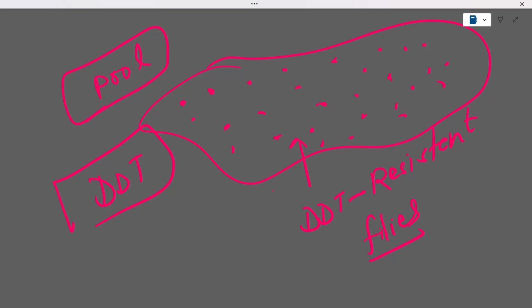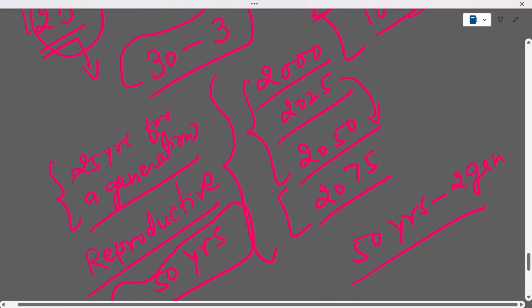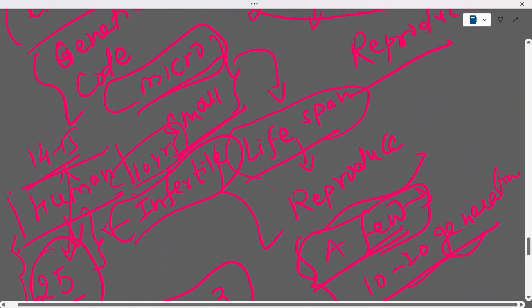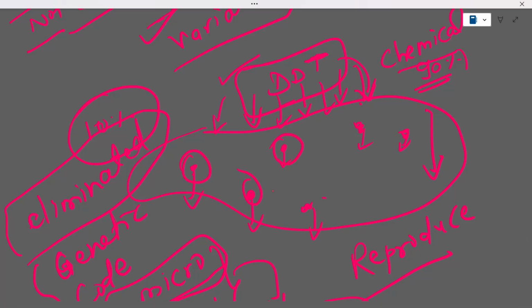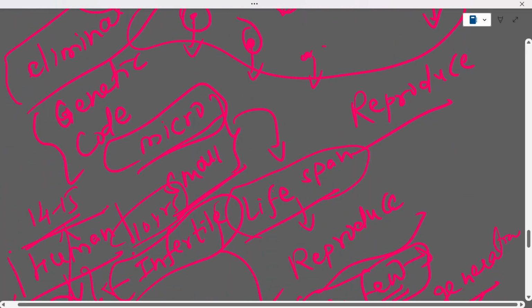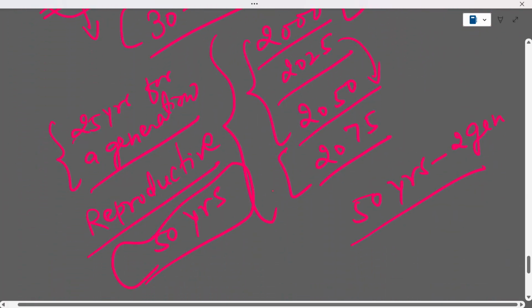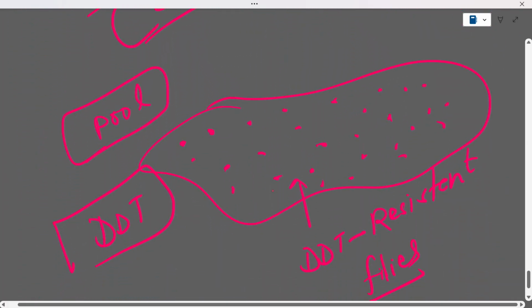So here natural selection favored those variants, those survivors which can ensure the survival of their life form, even after application of a particular strain of DDT. This is how natural selection was observed in one more example.